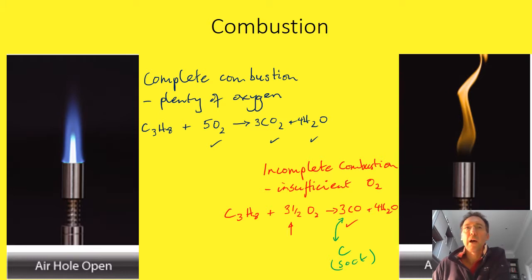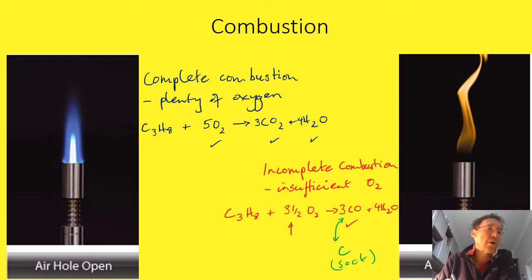And you'll notice those when you've got a safety flame or a yellow flame, and if you put that under your gauze on top of your tripod in class, then you'll see the gauze going all black, and that would be because the carbon is depositing on the gauze, and that's why we make it a roaring flame before we put it under the gauze. So that's it for combustion for this lesson.